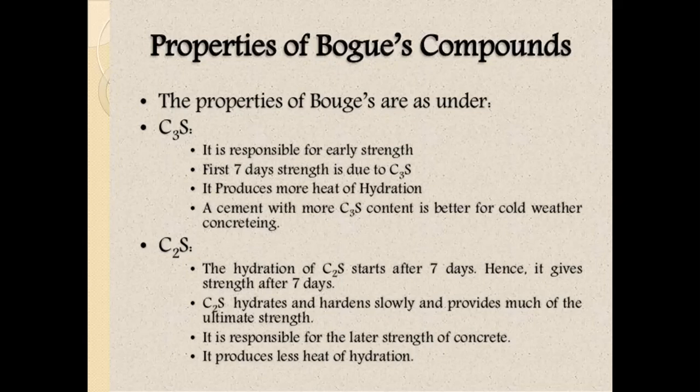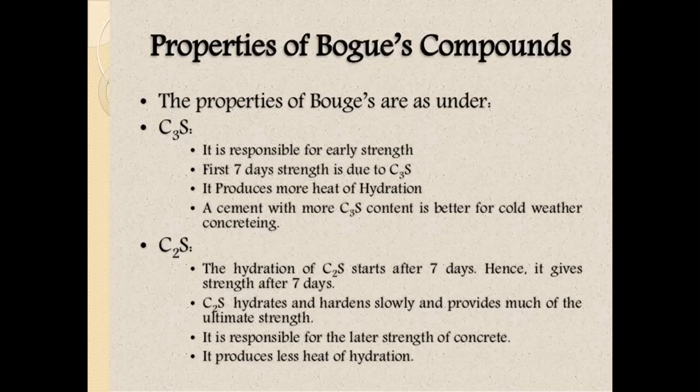So where we require the cement with a low heat of hydration, that is in case of hot weather concreting, where the concrete sets early due to the high temperature. Because due to the high temperature, the rate of hydration reaction increases, and due to the increase in the rate of hydration, the cement will start to set early.